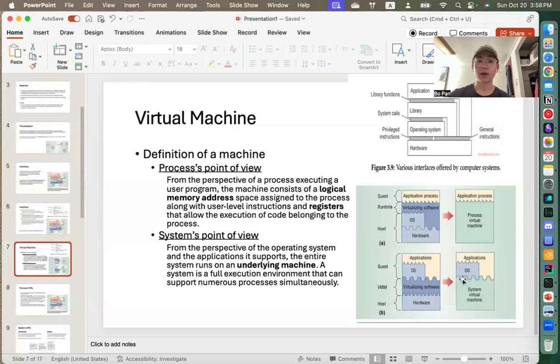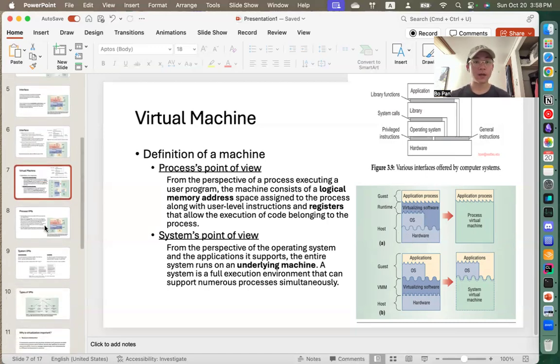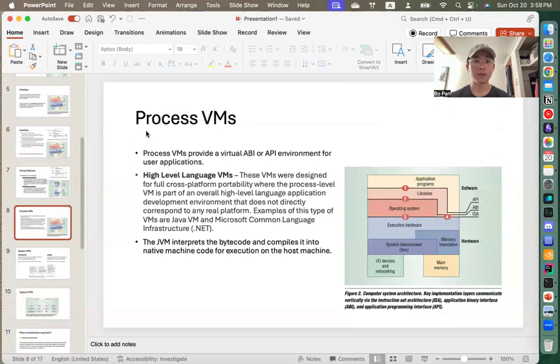On the other hand, from a process point of view, a machine to me is not only hardware, it is also an operating system. So if we are virtualizing the operating system and hardware together, that would be the process virtual machines.